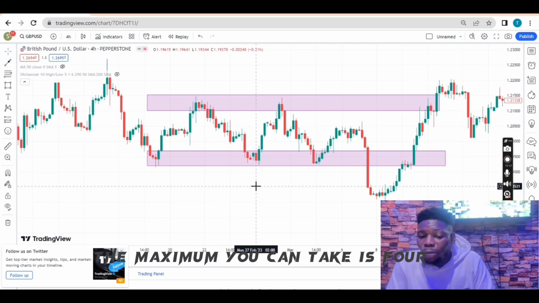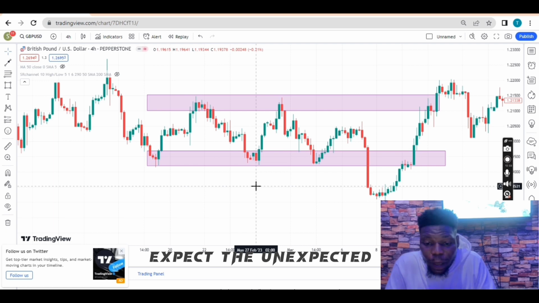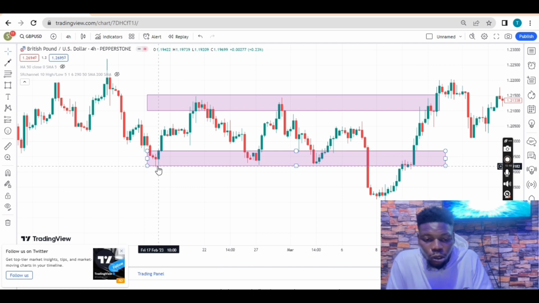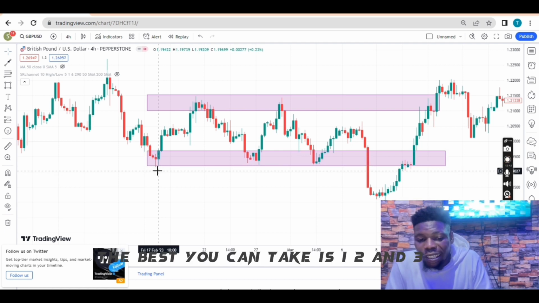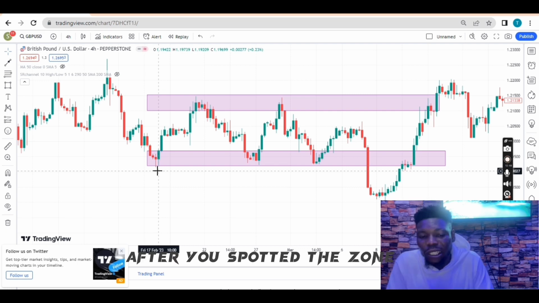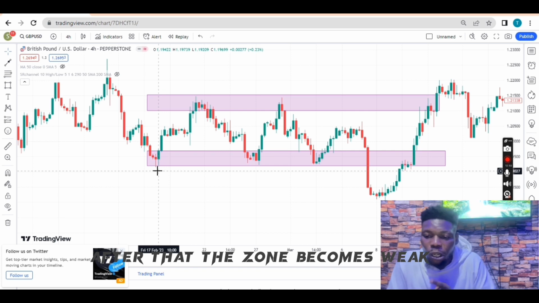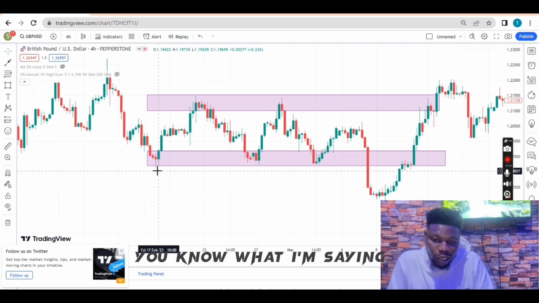So the maximum you can take is 4. After 4, expect the unexpected. That's just the secret. The best you can take is 1, 2 and 3 after you spotted the zone. It must be fresh, because after that the zone becomes weak. You get what I'm saying?